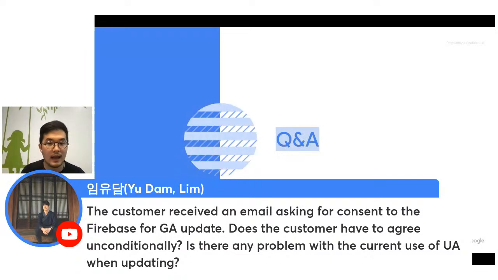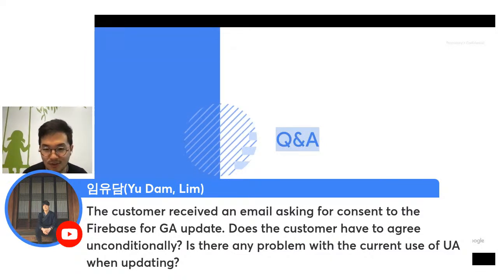So I can answer the second question first. If the customer is using UA and using GA4 Firebase, you can consider them as separate systems, because GA4 and UA are separate systems. So if the customer is upgrading their GA4 Firebase into GA4, it is upgraded separately and does not affect the UA usage.